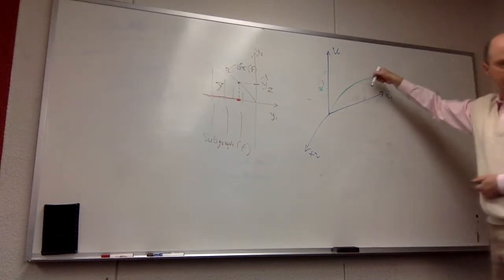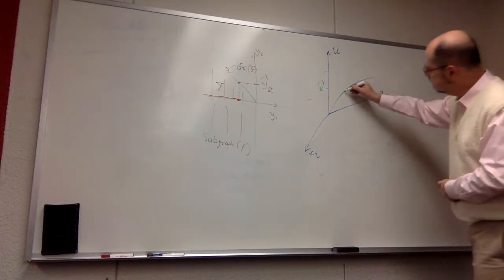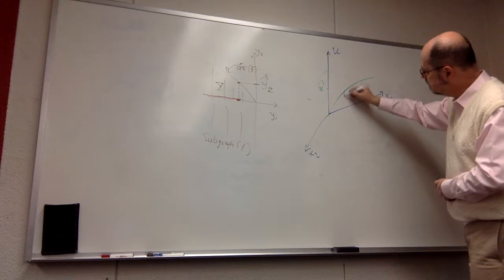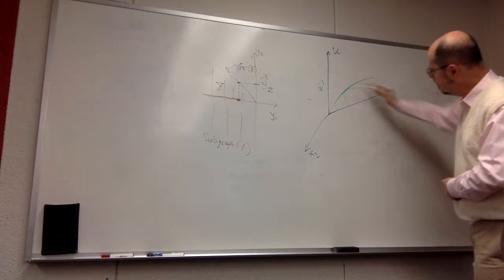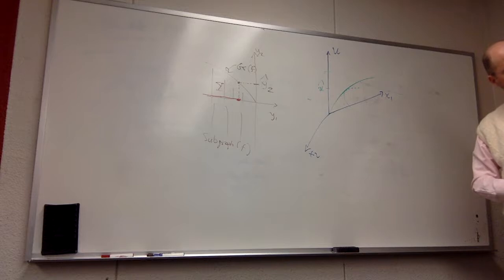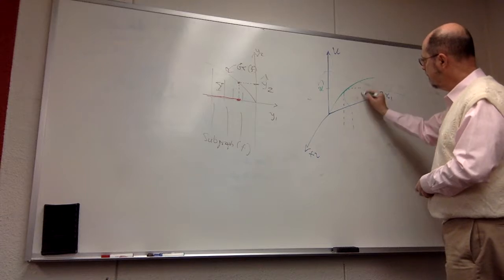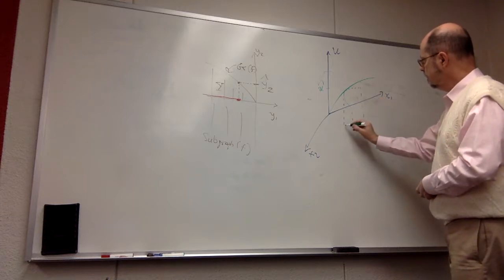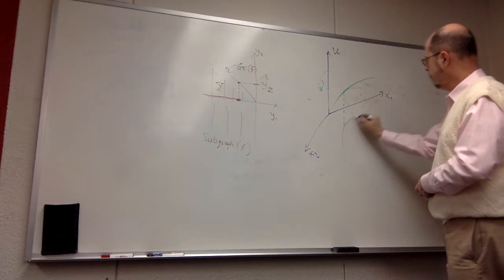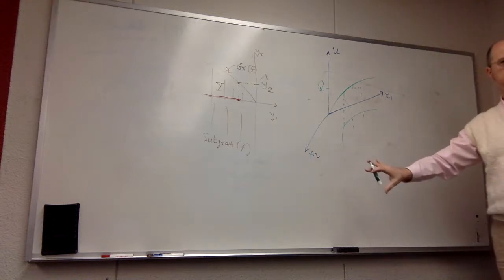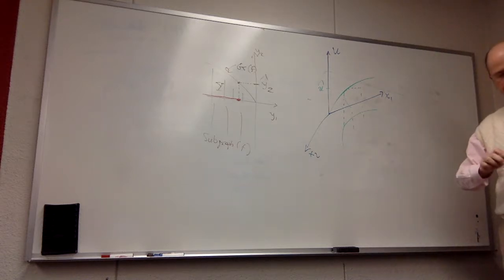It's going to cut the graph, and it's going to cut it in a way that kind of looks maybe like this. Now, what you do here is you take the projection of this down into the x1, x2 space, and now you have an indifference curve.